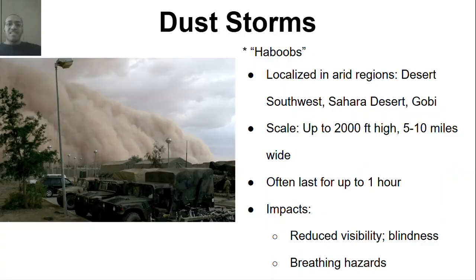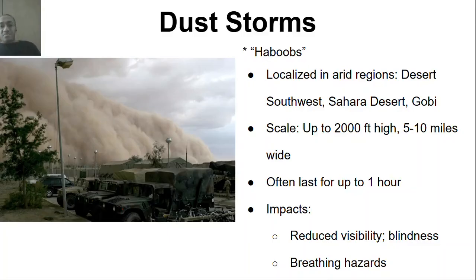And now we'll look at the special case, dust storms. These storms are often called haboobs as another term, which typically just refers to a wide wall of moving dust.